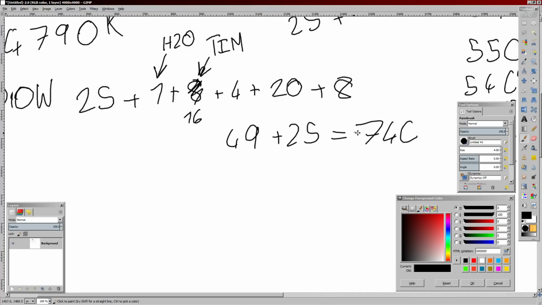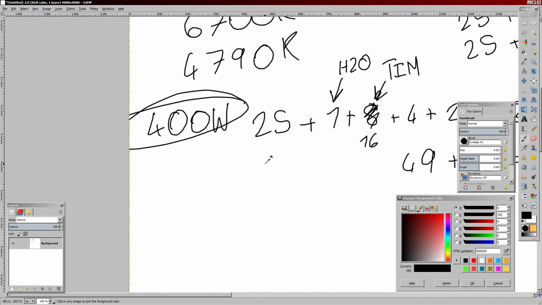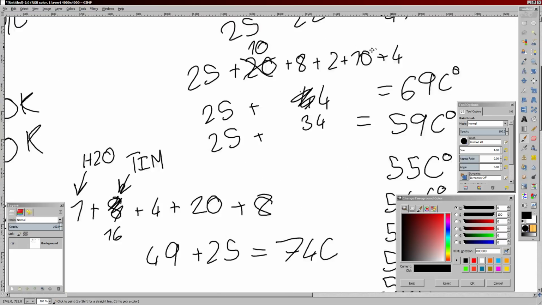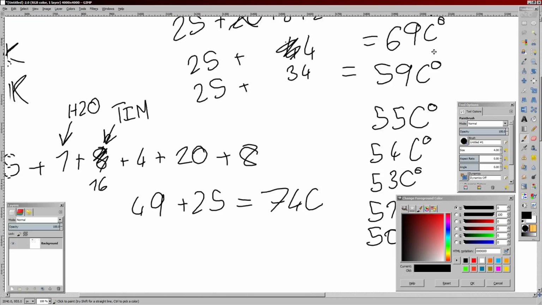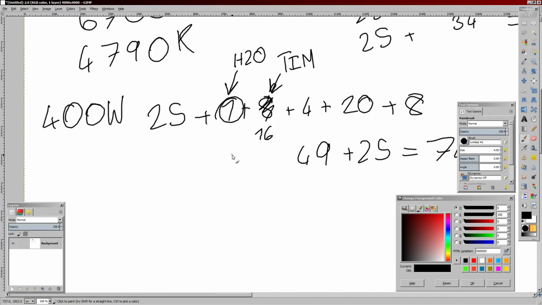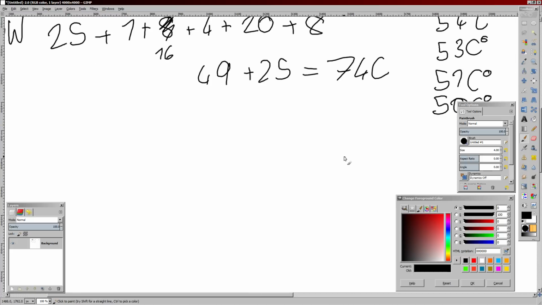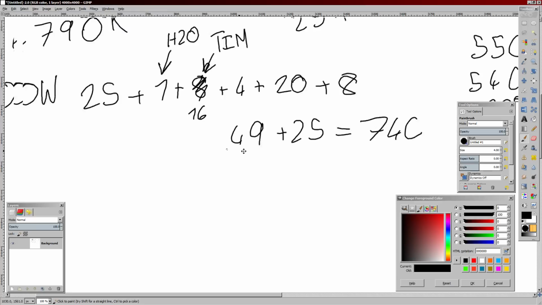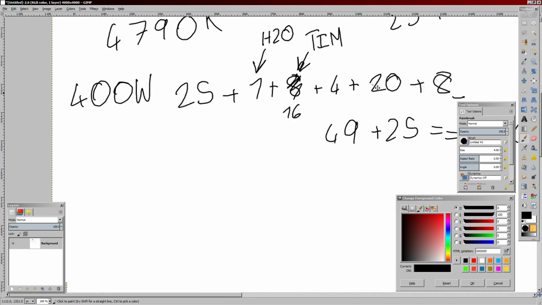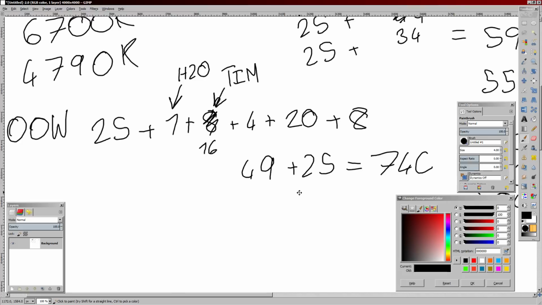That's really not that bad, but that's, again, ridiculously overkill. Well, that's mostly because of the ridiculous cooling system. Of course, if we keep cranking up the heat output, this part of the equation won't grow as fast as these, and we can quickly get into the 90s. And this is actually unrealistic. I've never seen a 400 watt CPU running at 74C.